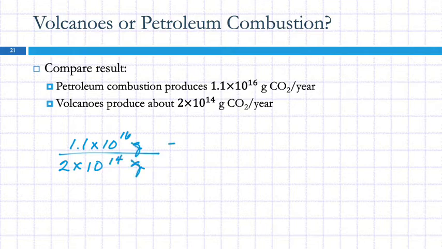The units gram cancel out, and we get 55. With this being 1 sig fig, it should round to 60, but you know. So petroleum combustion produces 55 times more CO2 than the volcanoes.